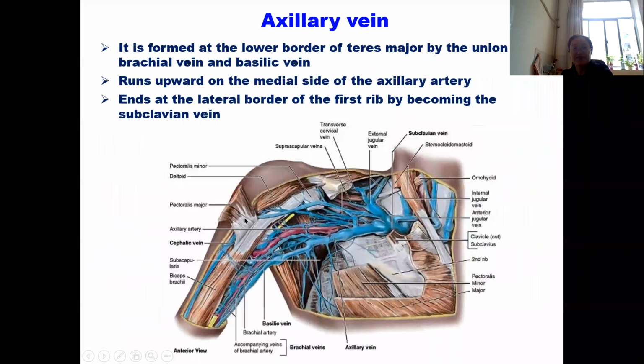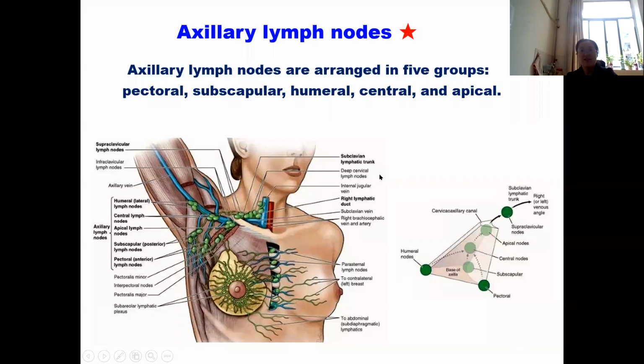Okay, the axillary vein just accompanies the axillary artery. It receives the cephalic vein and the brachial veins. Another star marks the axillary lymph nodes.